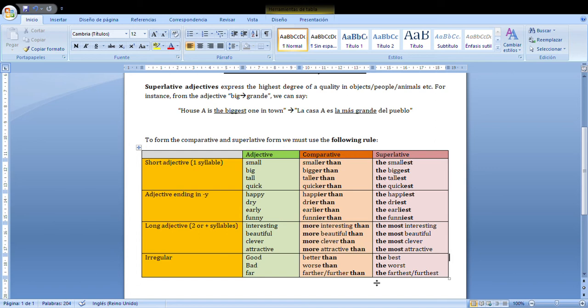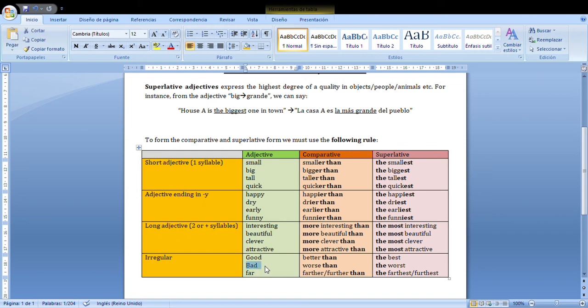In case of good, or well, the comparative is not gooder than, it's better than, and the superlative is the best. For example, Sergi is the best teacher in the world. Okay, that would be a superlative.